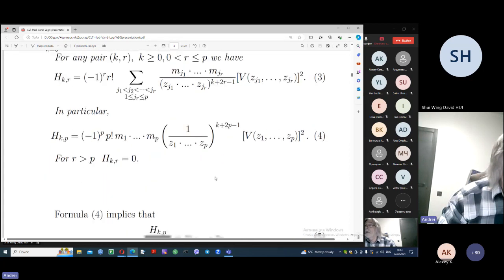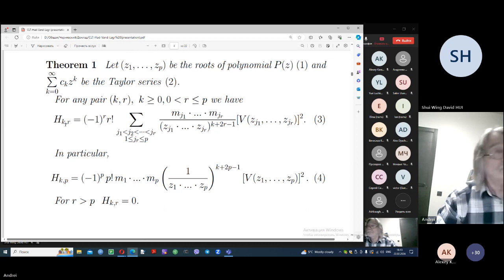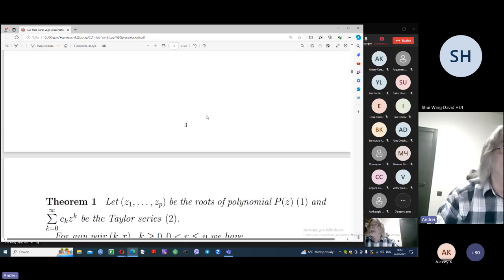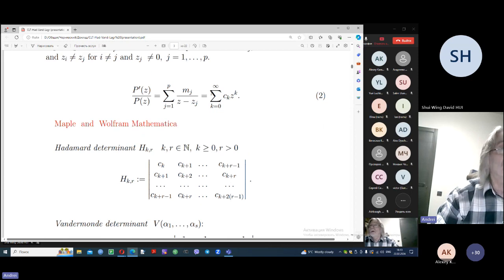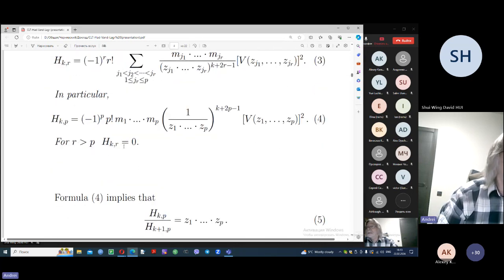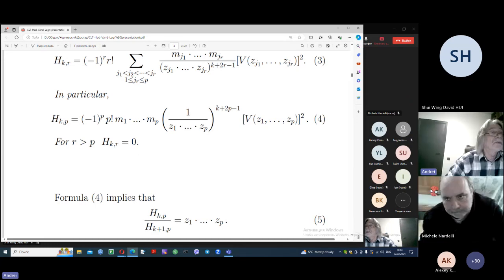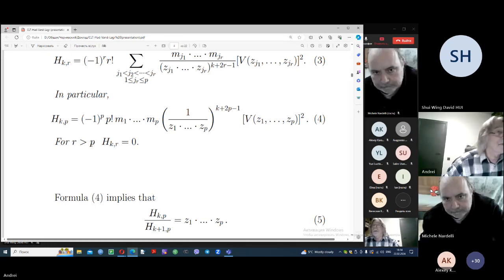So if you calculate this Hadamard determinant by means of the Taylor series of this ratio, then once you find out that Hk(r) is equal to 0, this simply means that we have strictly p different roots of the polynomial.